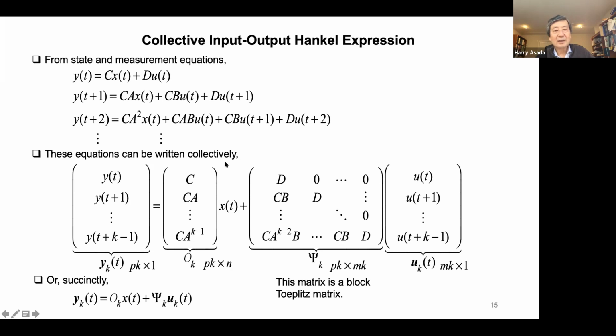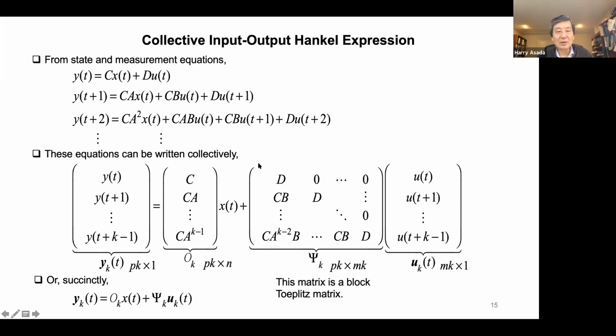And then all these terms are basically linear expressions with respect to u_t, u_{t+1}, up to u_{t+k-1}. So let's put all the inputs here, and we multiply them by these block matrices, so it can be collectively written this way.